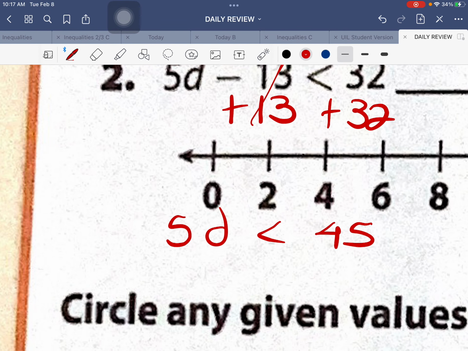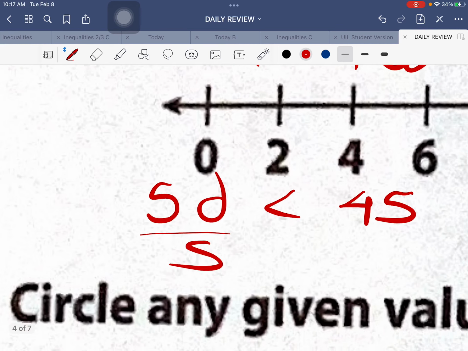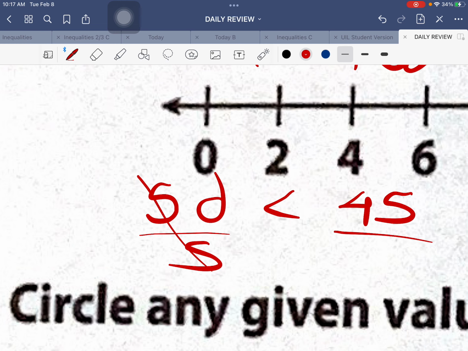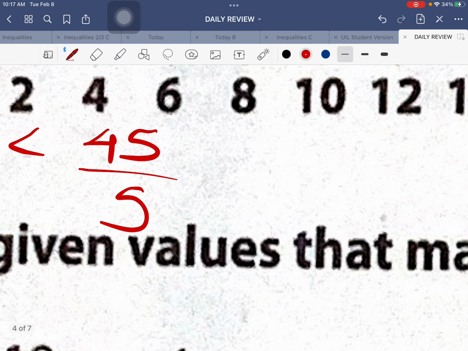Ahora, what do we do next? What are the 5D doing with one another? Están multiplicando. What's the opposite of multiplying? Dividing. What I do to one side, I have to do where? The other. What is 45 divided by 5? So D is, how do you say that symbol?